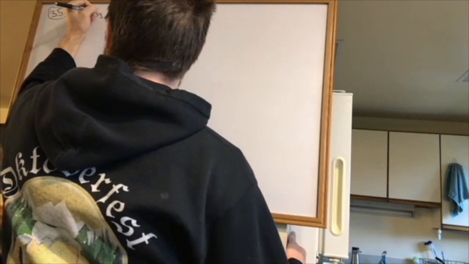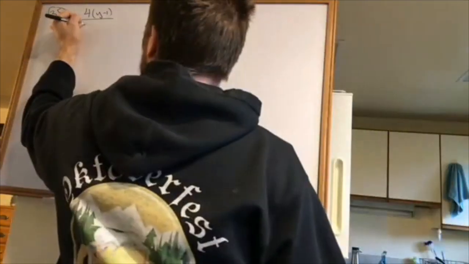I'm just going to go ahead and write it in the form without the exponents. Okay, so I'm going to write it down as (4y minus 1) in the numerator over (2y minus 5).